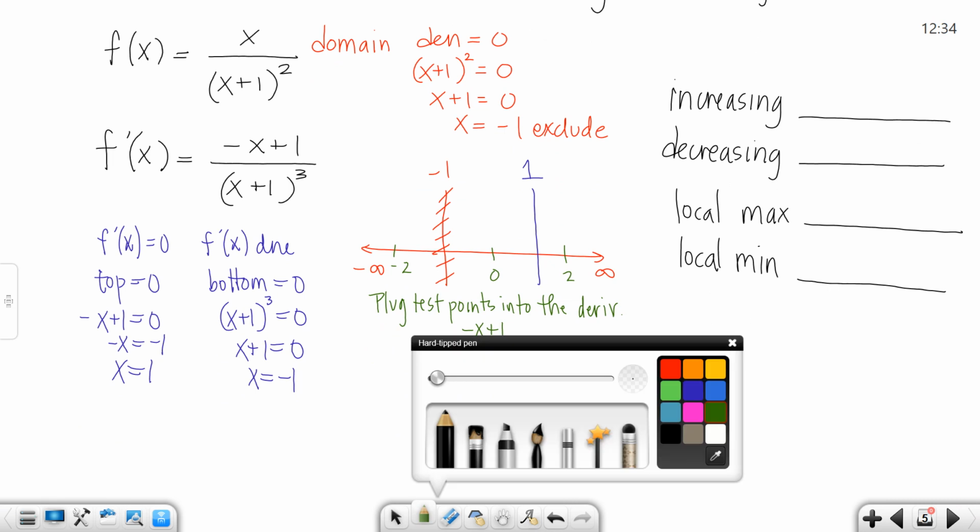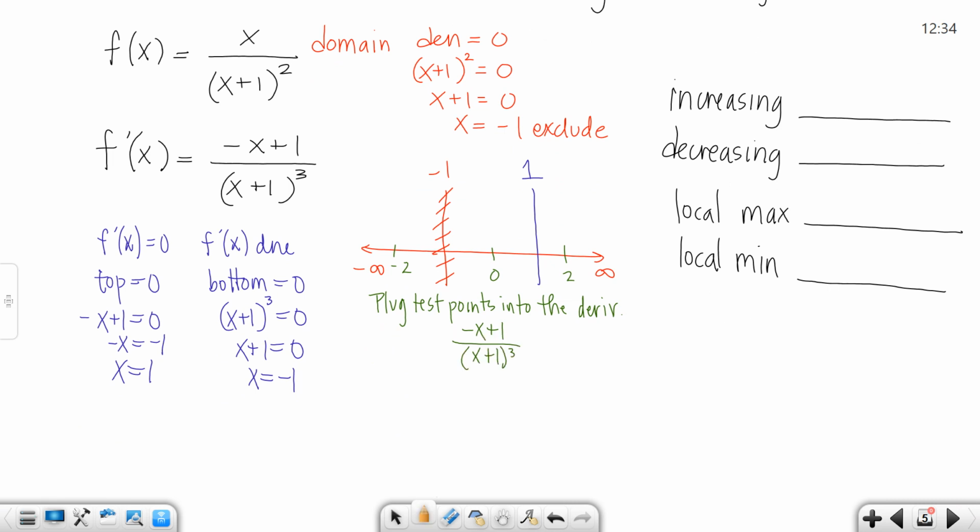Okay, so I'm going to plug -2 in first. It's the negative of x plus 1 over (x plus 1) cubed. I'm plugging in -2. The negative of -2 would be a +2 plus 1, and on the bottom I get (-1) cubed, which is -1.